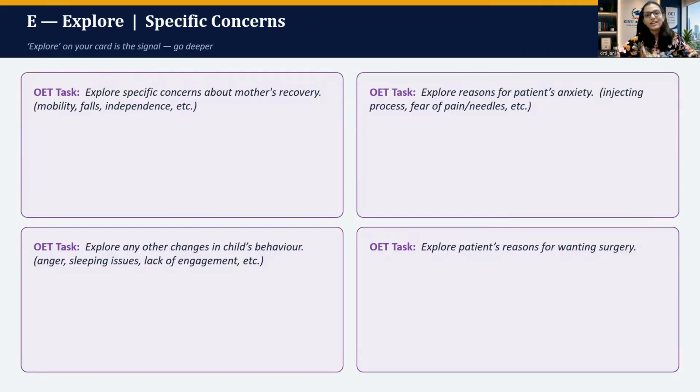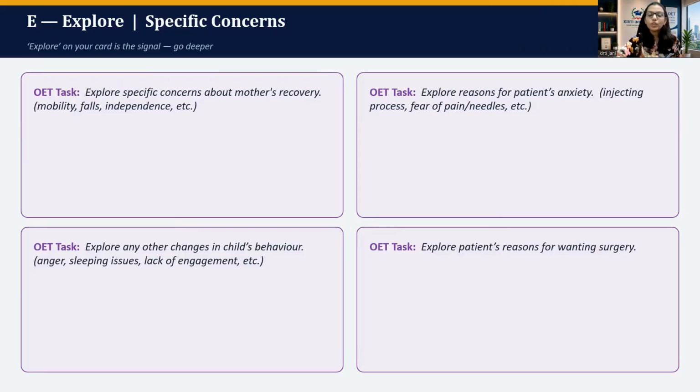But now you have studied the formula, and I'm pretty sure that you are not going to make this error. Similarly, in the explore point, you are prompted to ask leading questions. So try to avoid that.